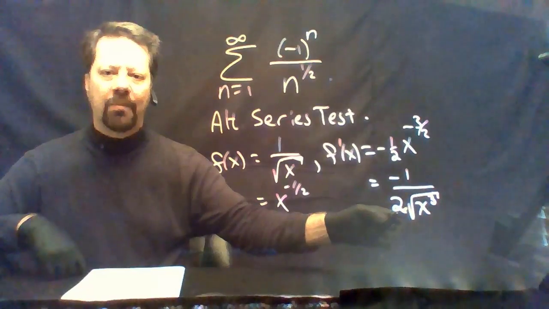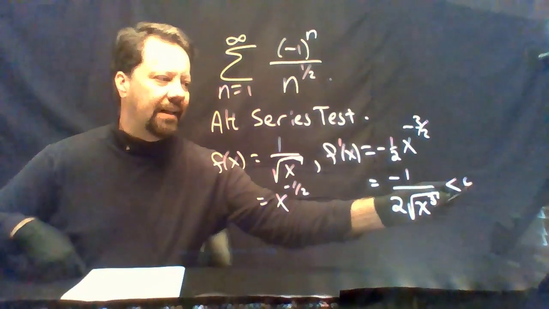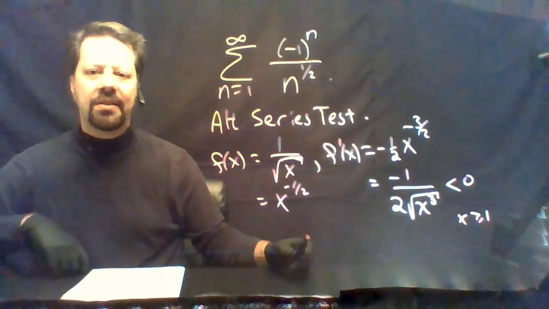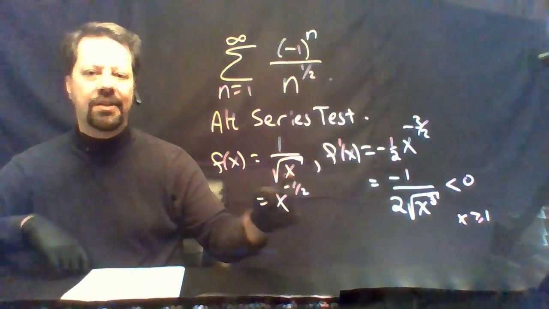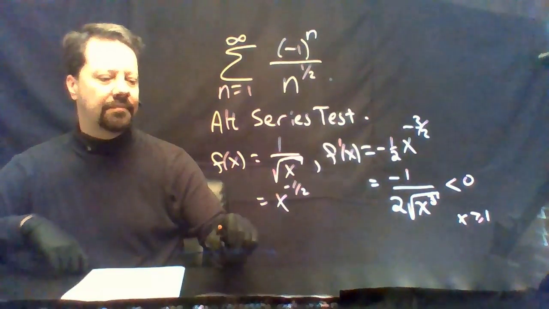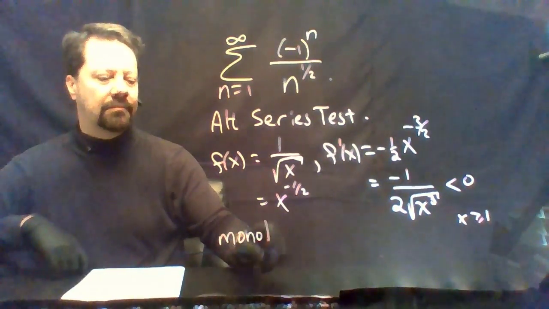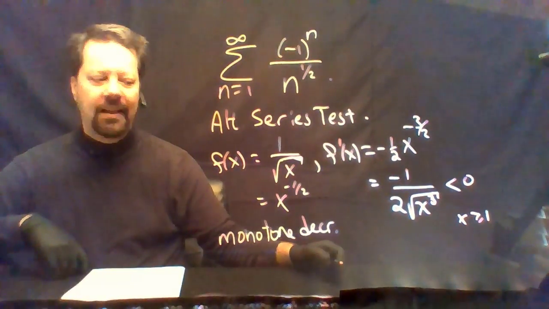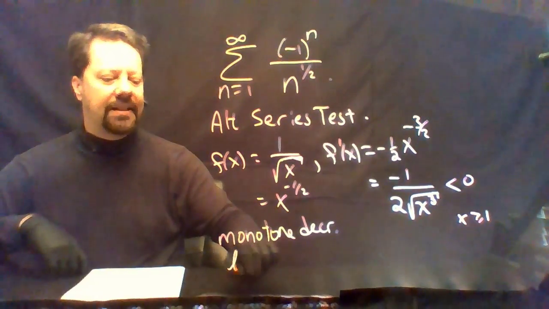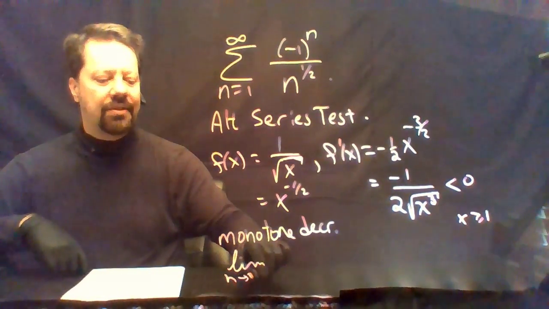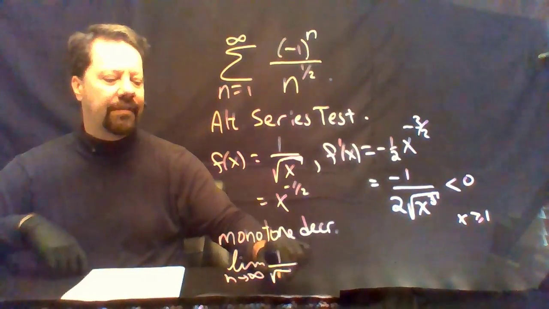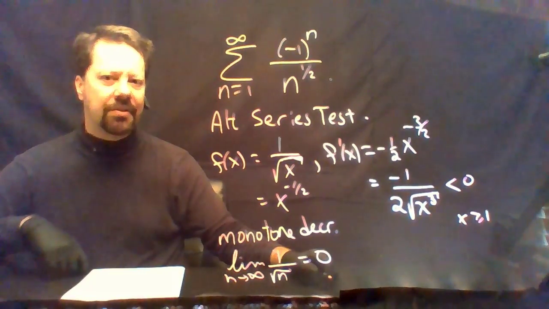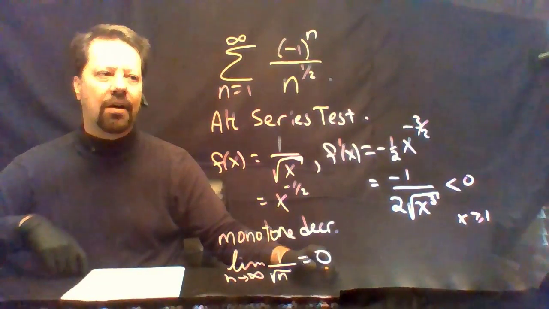For x values bigger than 1, this will be negative, which means this function is monotone decreasing. In addition, if we take the limit as n goes to infinity of 1 over the square root of n, we get 0. Those are the conditions for convergence for the alternating series test.